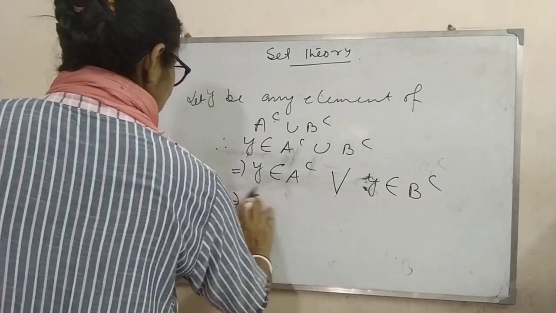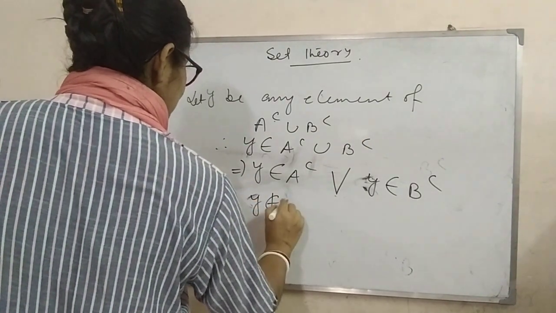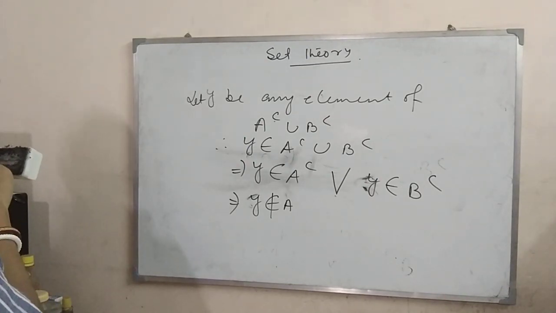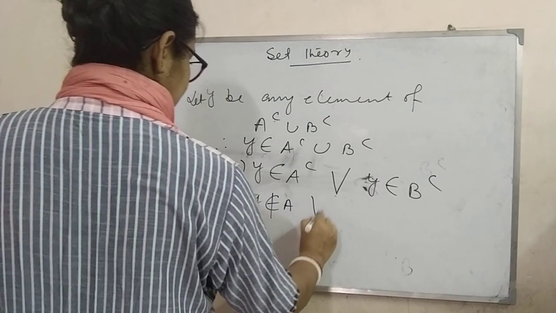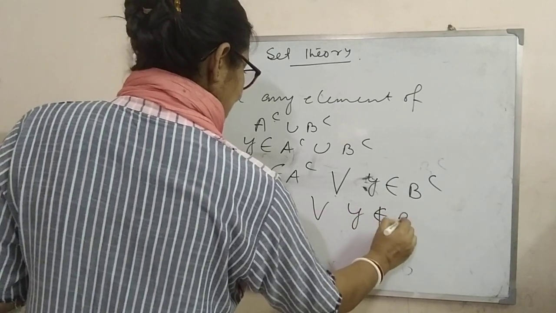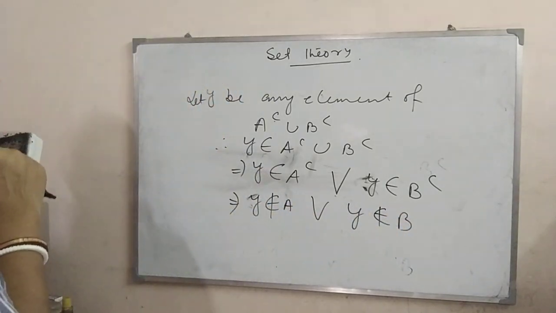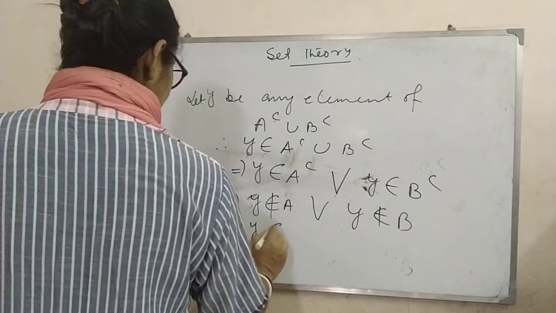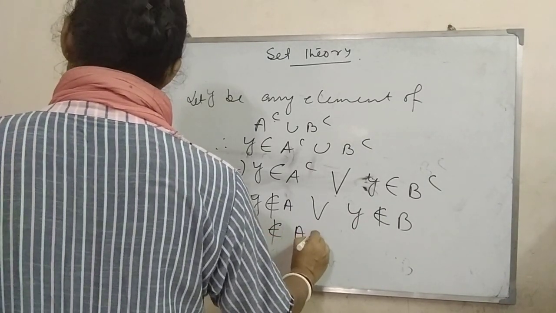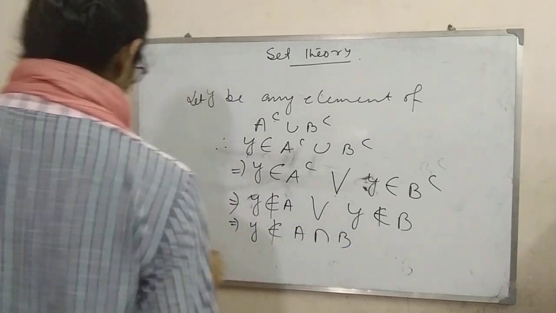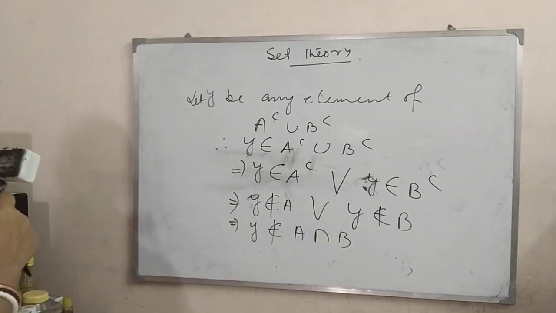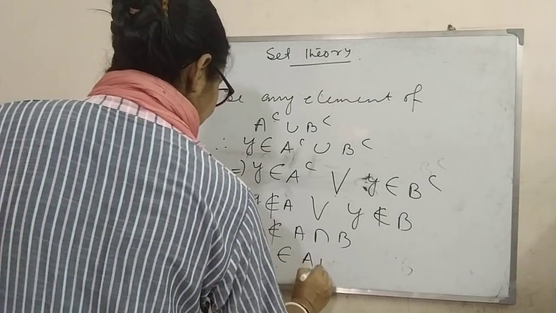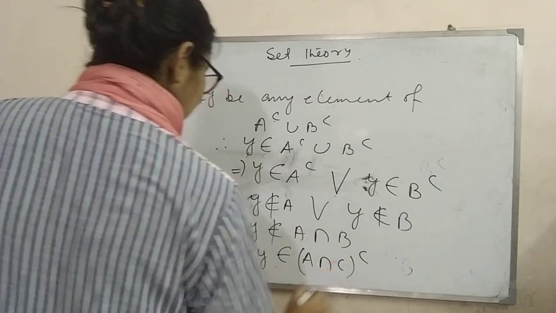That means Y does not belong to A or Y does not belong to B. That is, Y does not belong to A intersection B. That means Y belongs to (A intersection B) complement.